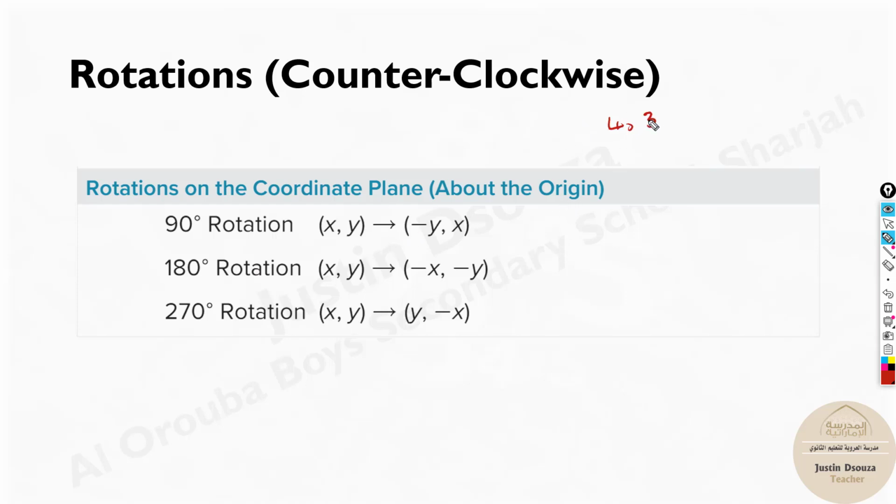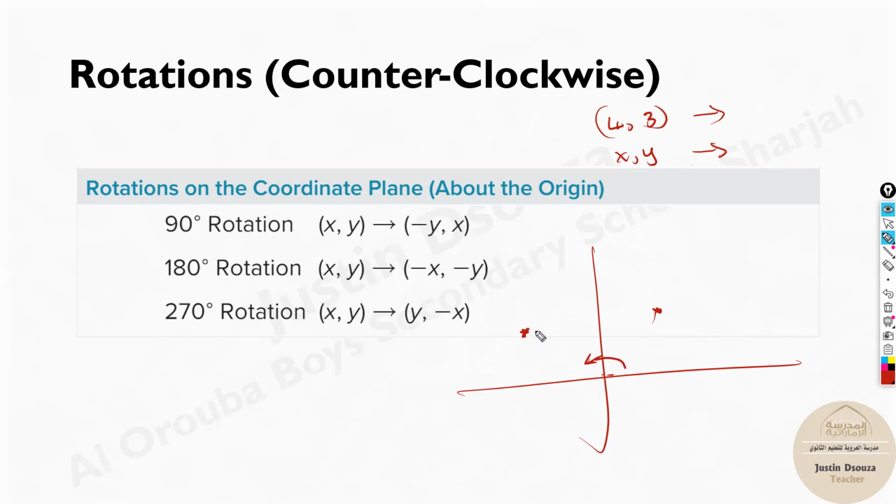Now imagine you have 4, 3 as the coordinates, x and y, and you're rotating this point about 90 degrees from the origin. If it's 90 degrees counterclockwise like this, this point will be somewhere over here, isn't it?